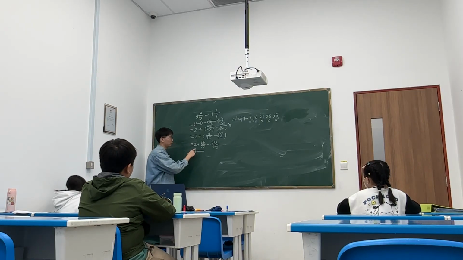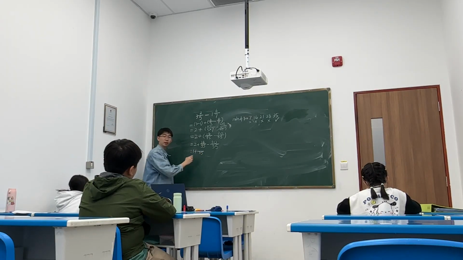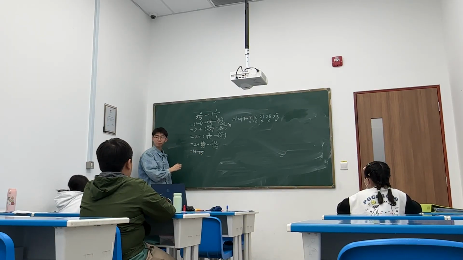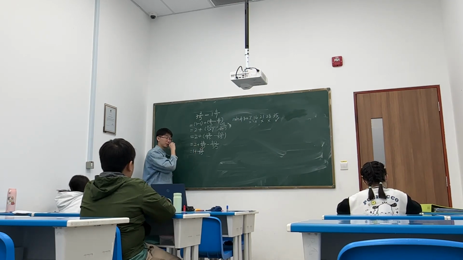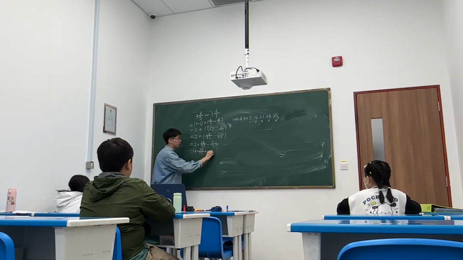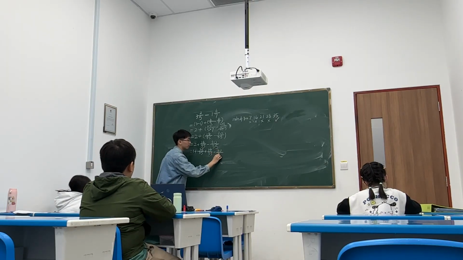Now, for this one, if you represent it with 35 as the denominator, what should the numerator be? Also 35, perfect. So then 35 over 35 plus 14 over 35, and then you minus 30 over 35.